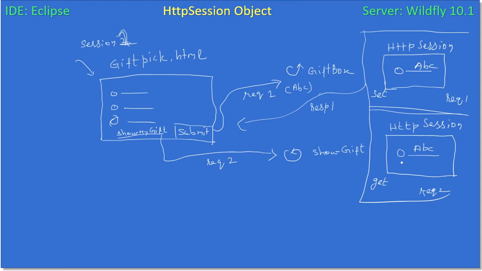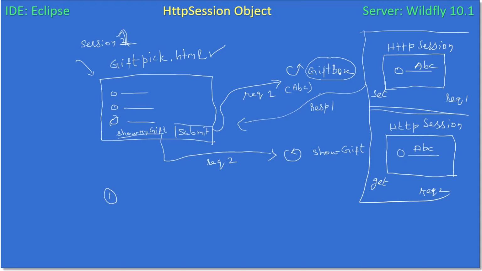Alright. So this is the example we are going to create, and if I want to summarize, there is an HTML, giftpick.html. When the user submits, it goes to the giftbox or gift pick servlet.